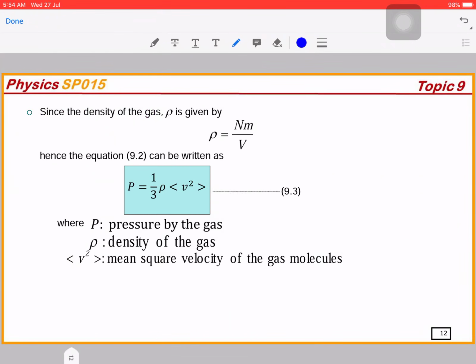Next, since we have density rho equals nm over V, we can substitute. And we will get P equals 1 over 3 rho mean V squared, or mean square velocity.